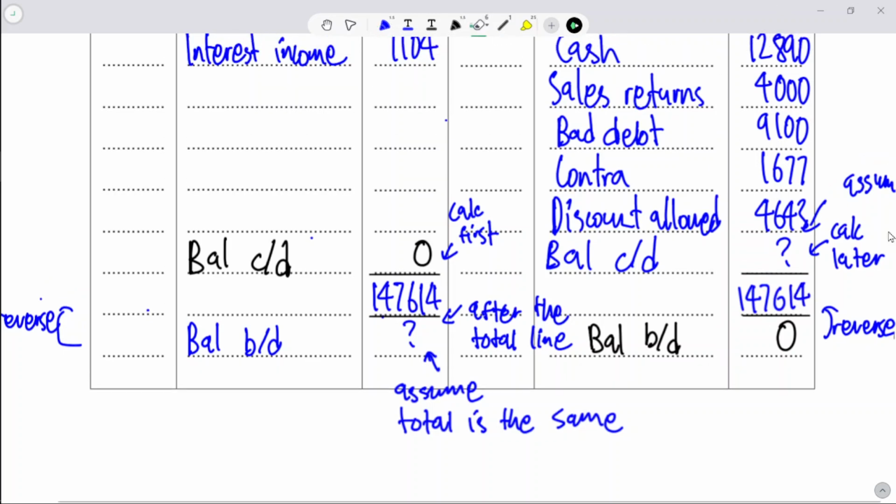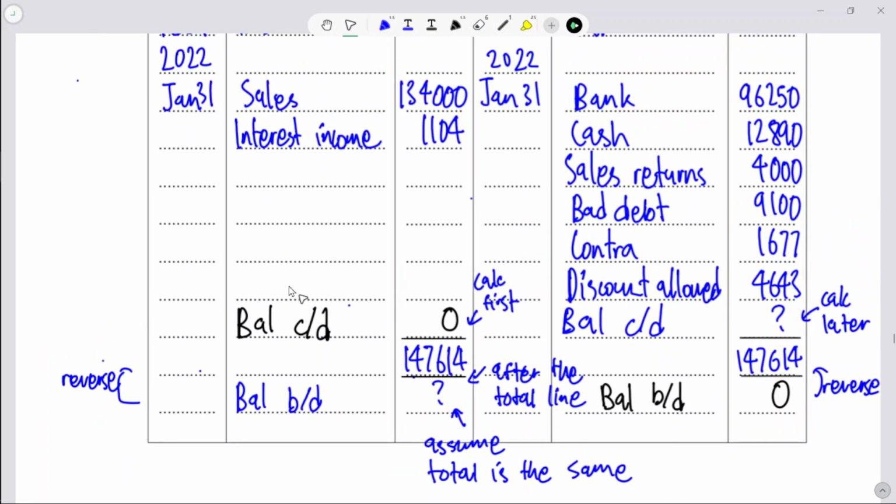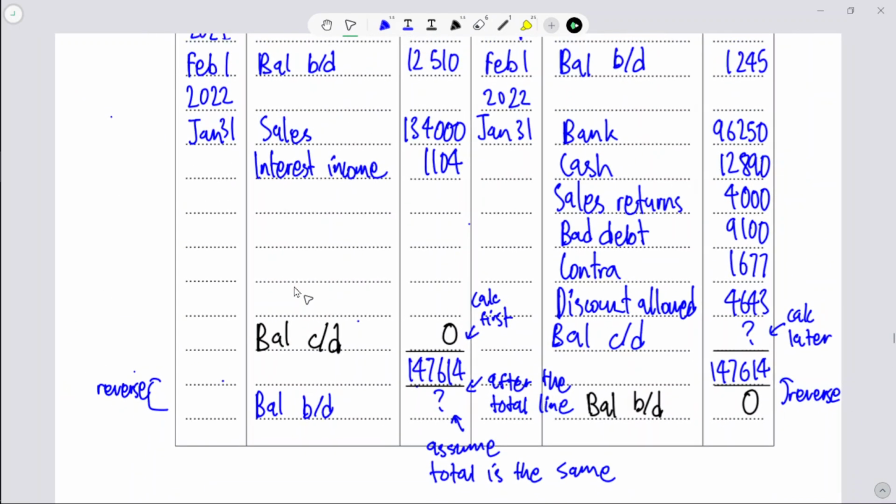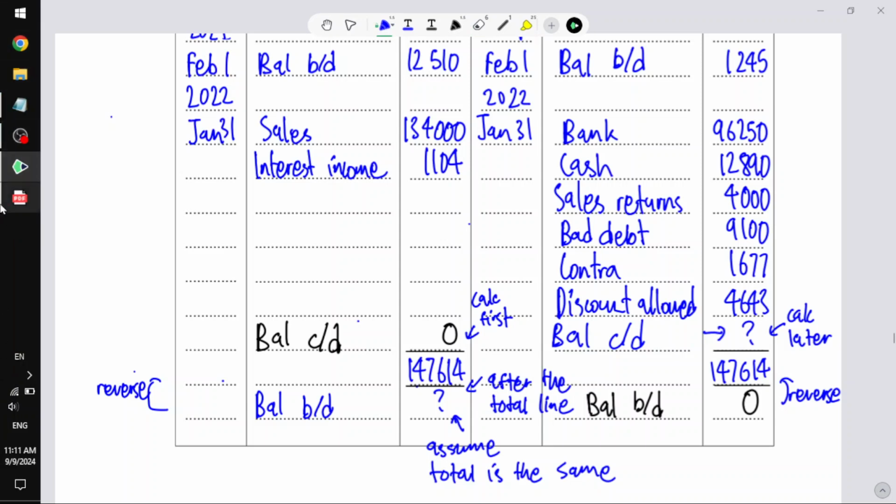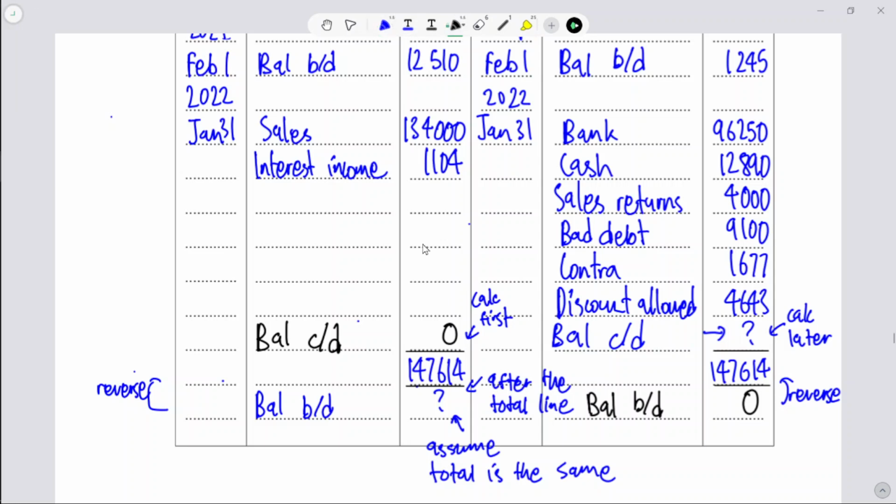Then you can balance the account as usual. Then this amount you will get, let me see, this amount.